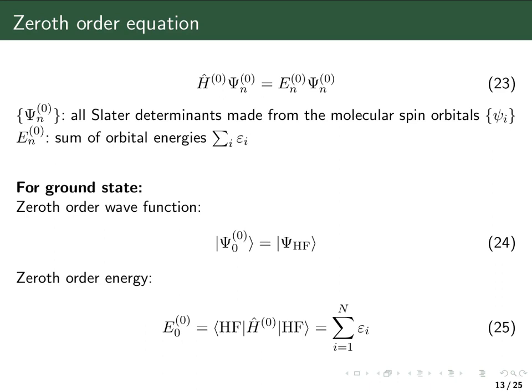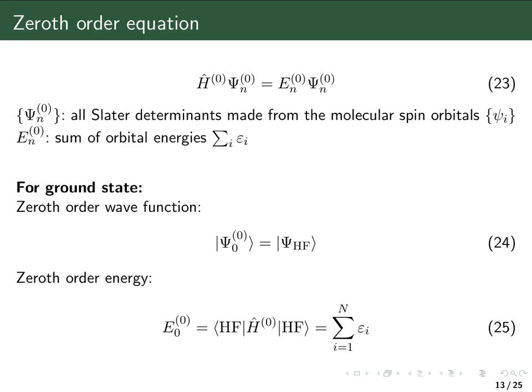Now, one should remember from what we discussed in the case of Hartree-Fock theory that all the Slater determinants made from molecular spin orbitals which are eigenfunctions of the Fock operators are eigenfunctions of this Hartree-Fock Hamiltonian. So the functions which fulfill this zeroth-order equation are just all our Slater determinants made from the spin orbitals which are the eigenfunctions of the Fock operators entering this zeroth-order Hamiltonian.